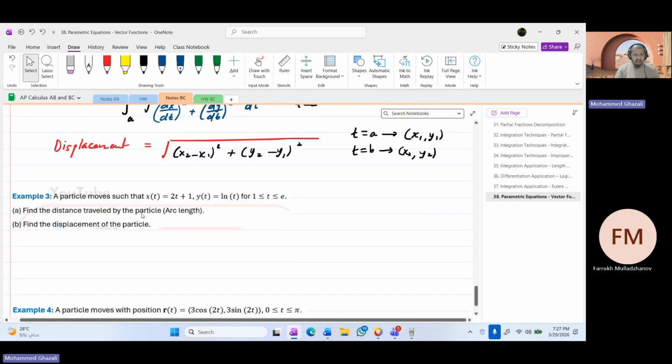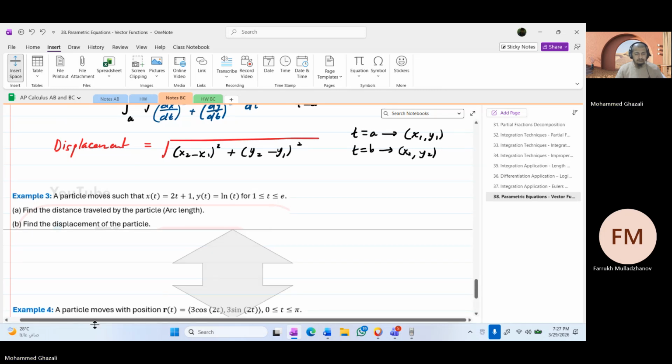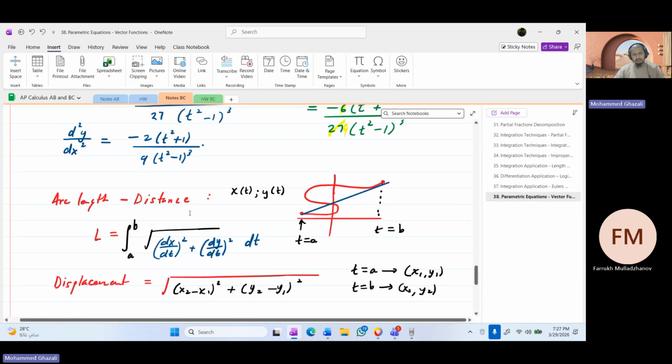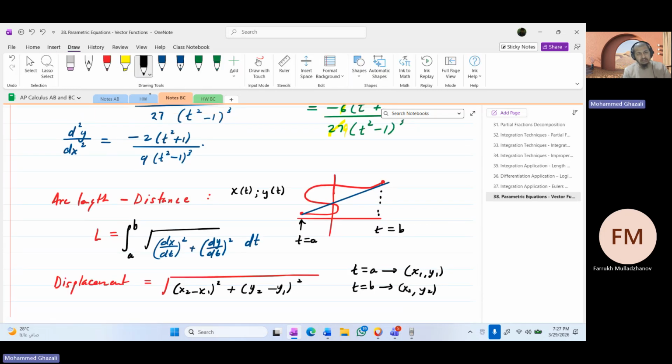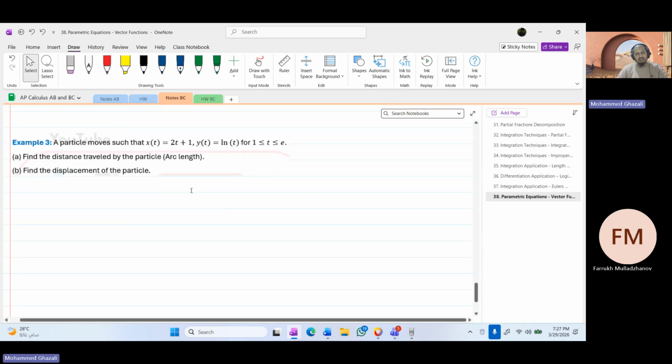Right, so let's have a look at this example and solve that. This is part 2, more calculus on parametric curves. Now, I'm not asking you to sketch this curve because it's quite difficult, because look at the type of curve it is. 2t plus 1 and ln t.